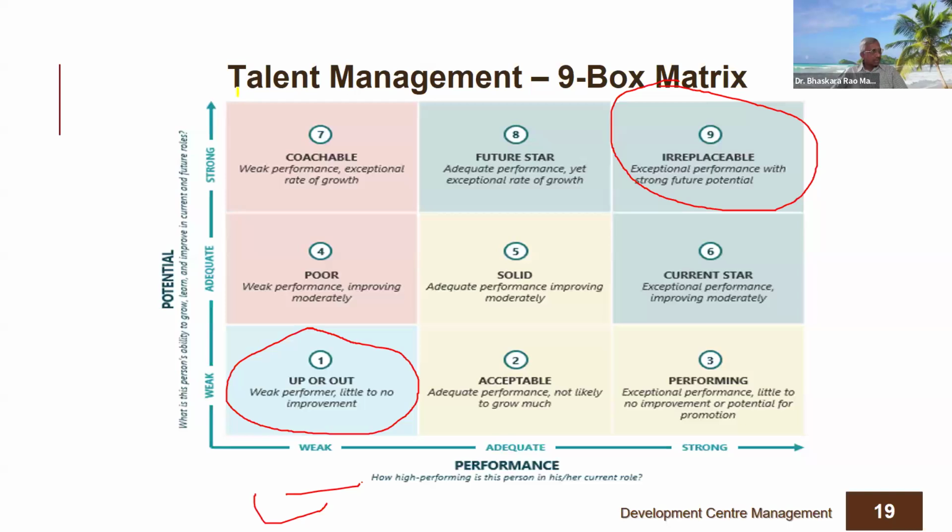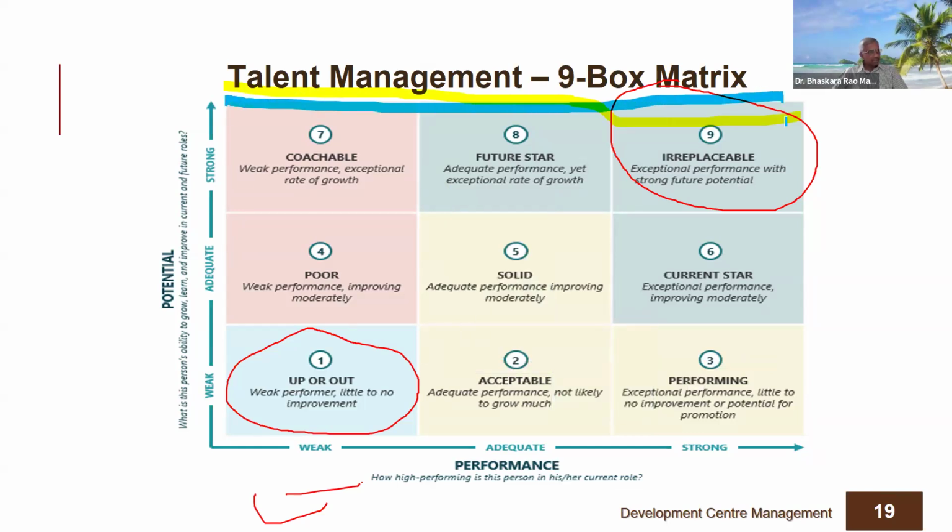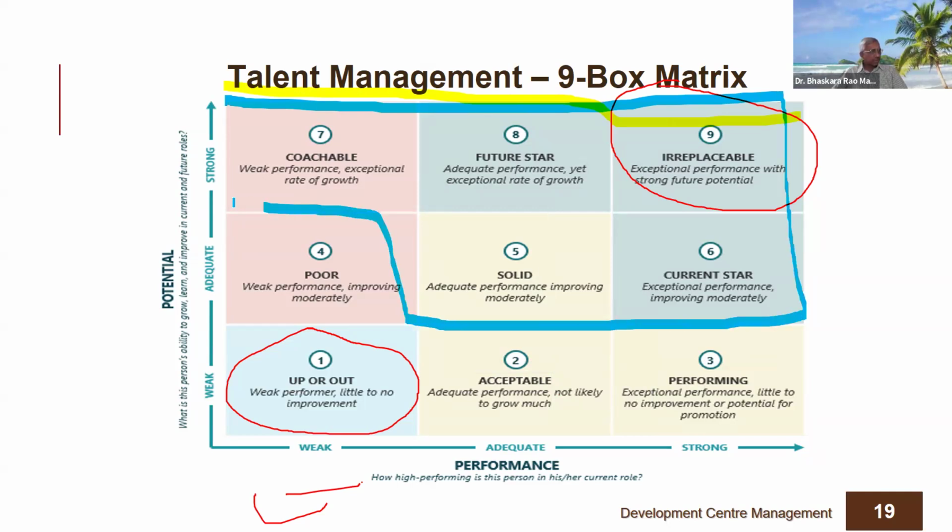So if you really see this entire grid, I would look at these five as something in which we are seriously interested.